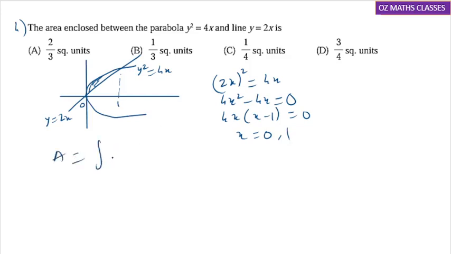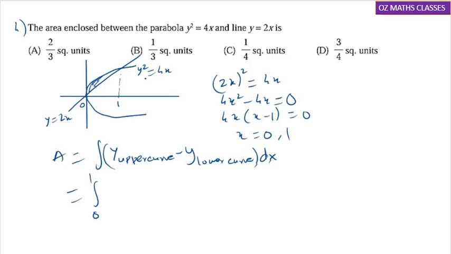Area of y upper curve minus y lower curve. Okay, so take this area from 0 to 1, and the y upper curve is the parabola.